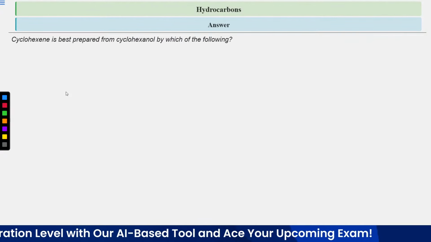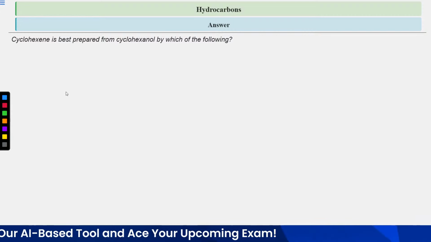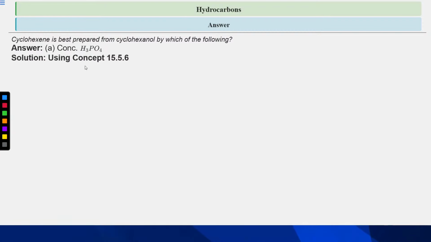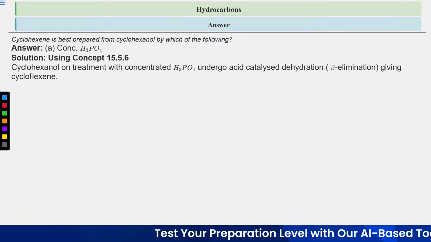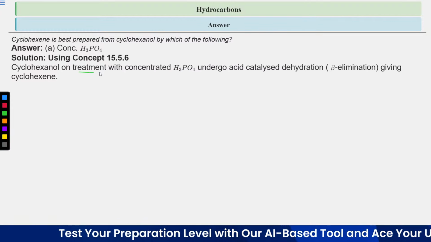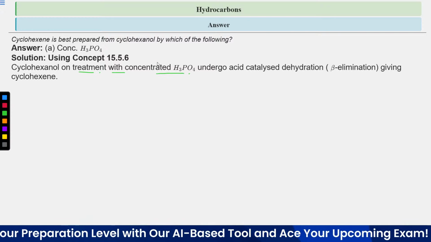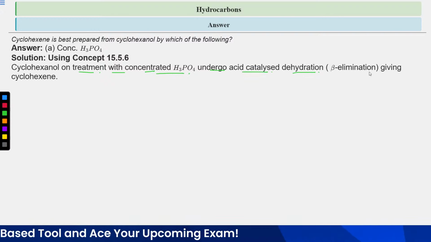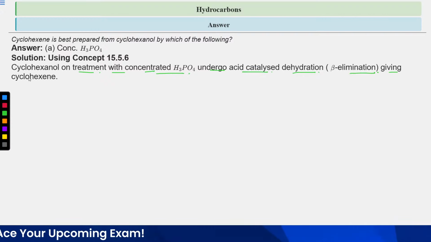For the given question, the correct answer is option A, that is concentrated H3PO4. So using concept 15.5.6, cyclohexanol on treatment with concentrated H3PO4 undergoes acid catalyzed dehydration, which is a beta elimination reaction, giving cyclohexene.